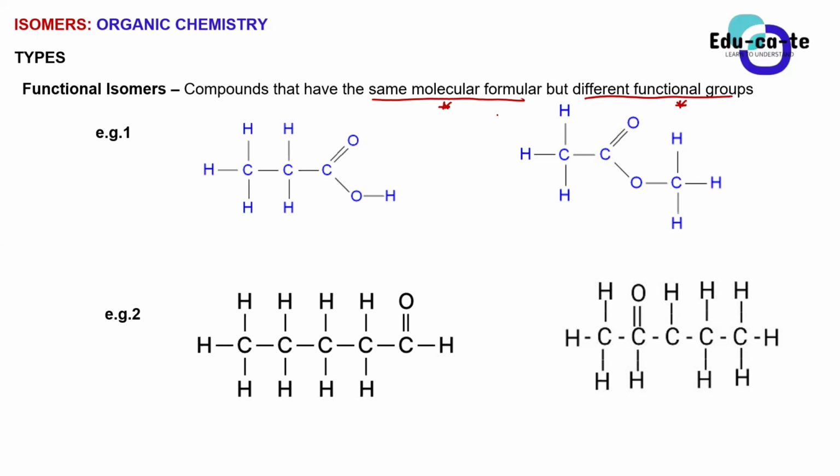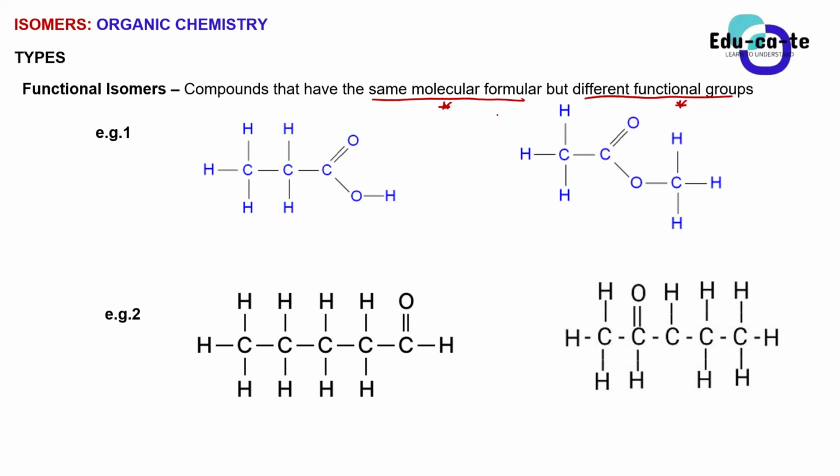And you guys know that a functional group helps us to identify the homologous series to which an organic compound belongs. So when we say that compounds have the same molecular formula but different functional groups, it is the same thing as saying that they belong to different homologous series. Because remember, once the functional groups are different, then the homologous series are also different.